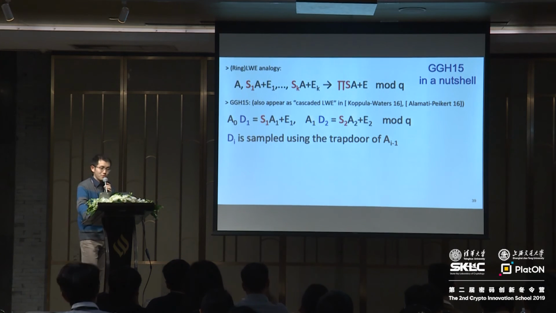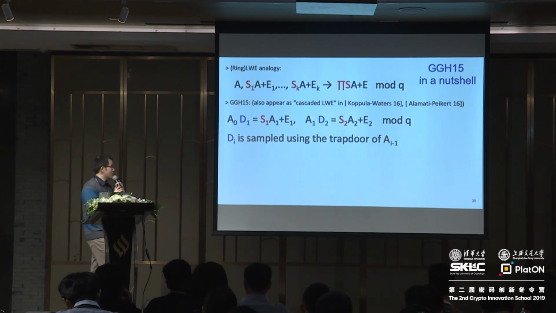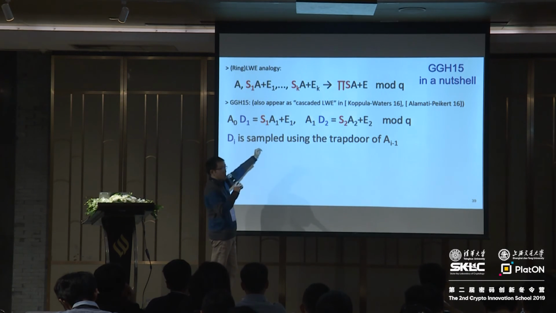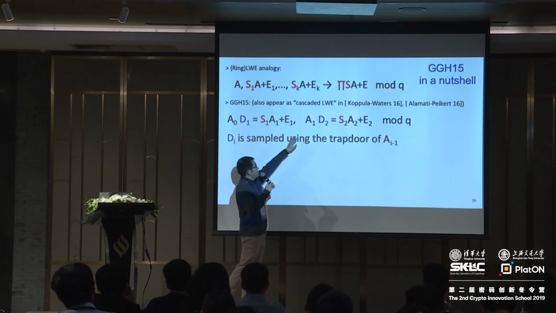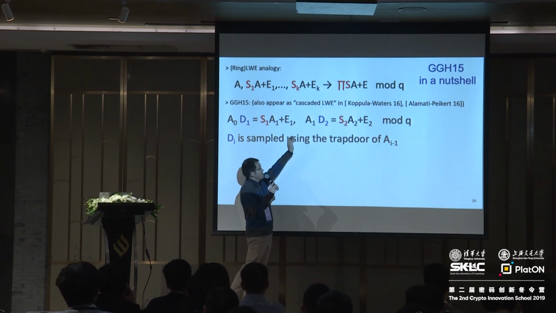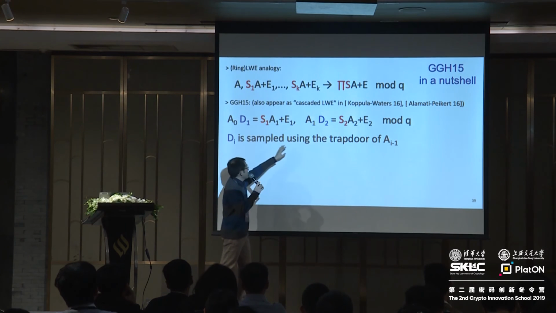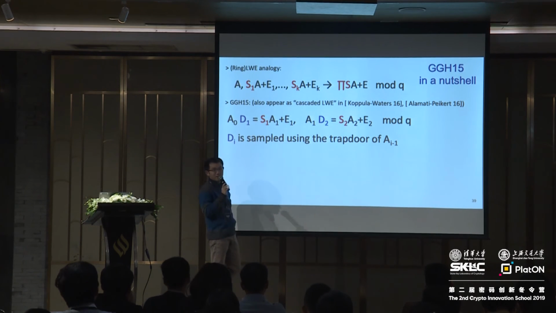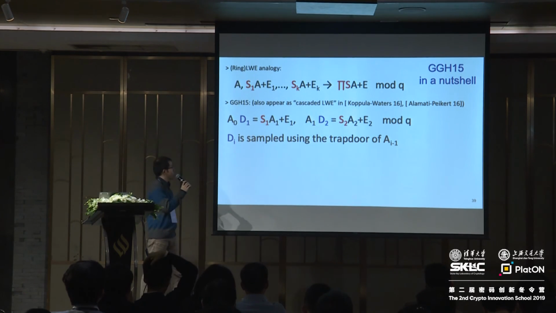So the idea of GGH15 is the following. Suppose I already have the trapdoor of A1 and A0, and the most important part is, A1 is used to sample the preimage of the next one, and it's also used as the public matrix of the previous one. So A1 is really the connecting point here.